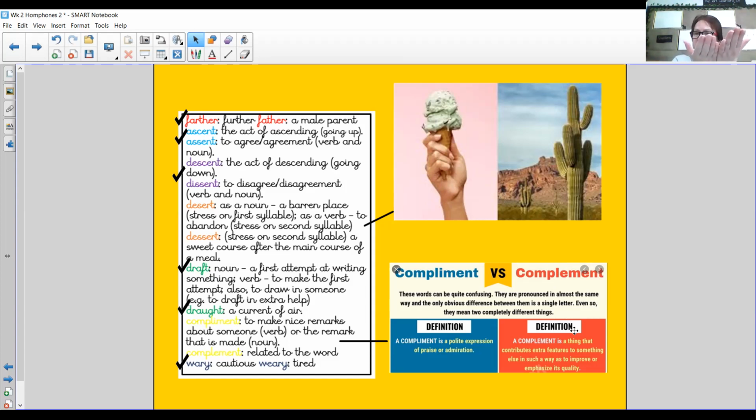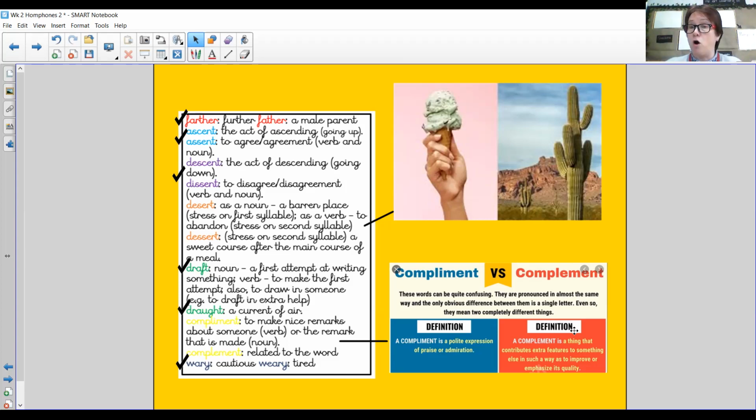It complements it. The only one I could think of offhand was like chips complement fish, because you might have fish and chips together, or salt and pepper. They complement each other. I know some people have strange things on chips as well, like vinegar and mayonnaise. So I'm just thinking about things that I would think complement each other.